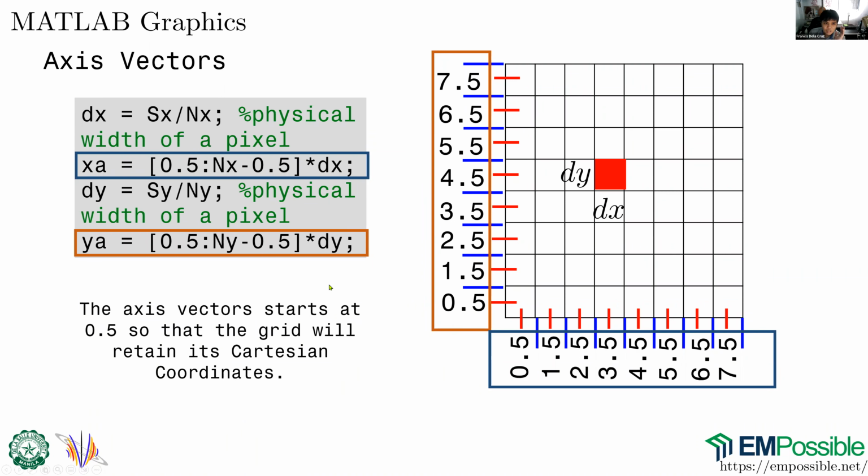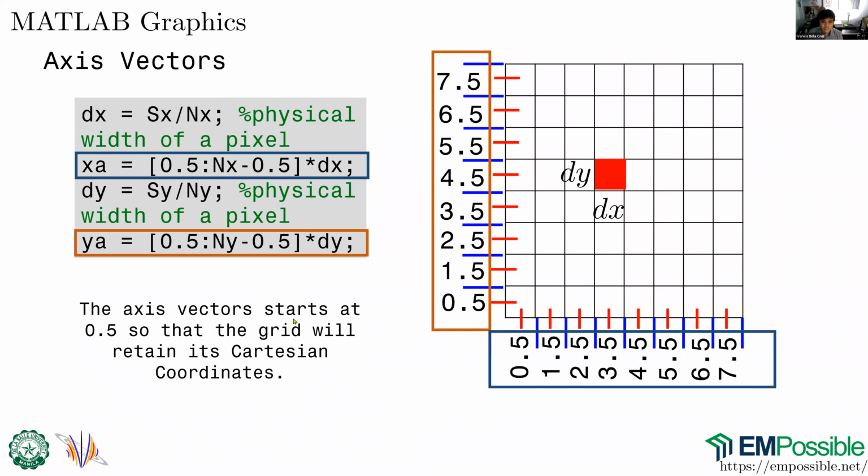Why? Look at this. We started at 0.5, the coordinate of the first block: 0.5 for x, then 1.5, 2.5, and so on. But look at the lines: 0, 1, 2, 3, 4, 5 along the x and along the y. So the grid now retains its Cartesian coordinates.